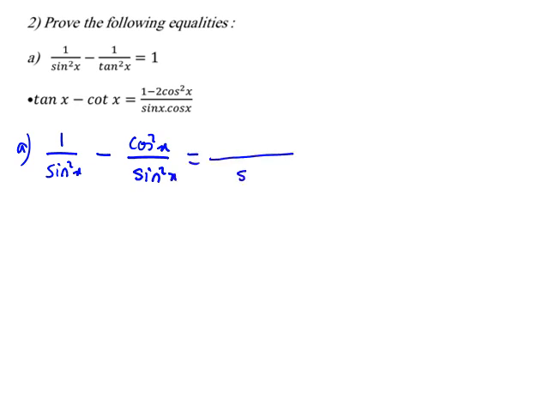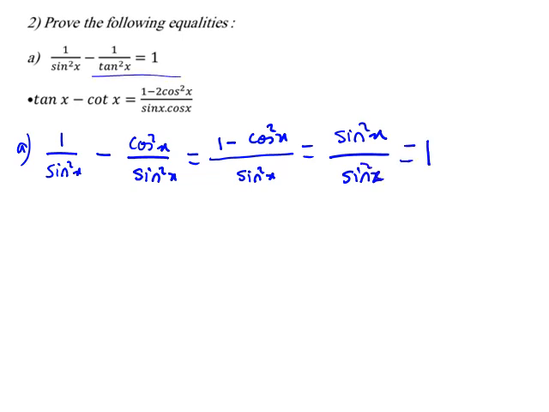Same denominator sine squared x, subtract the numerator cosine squared x: 1 minus cosine squared x is sine squared x, and sine squared x over sine squared x is equal to 1. It is verified. B: tangent x minus cotangent x equals 1 minus cosine squared over sine x cosine x.